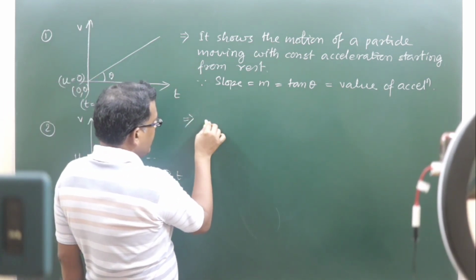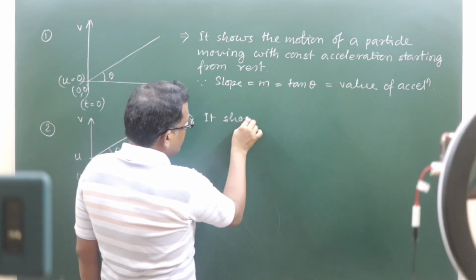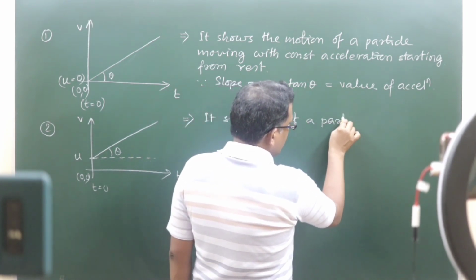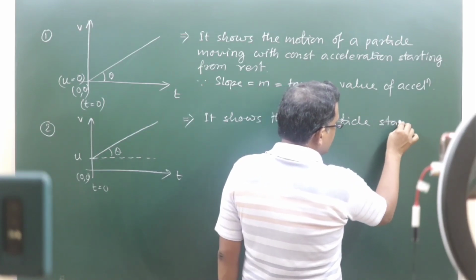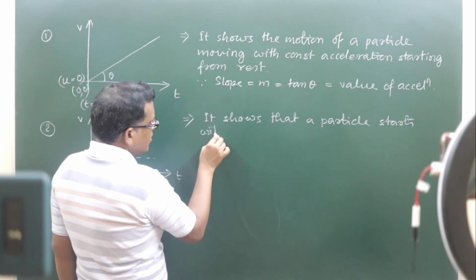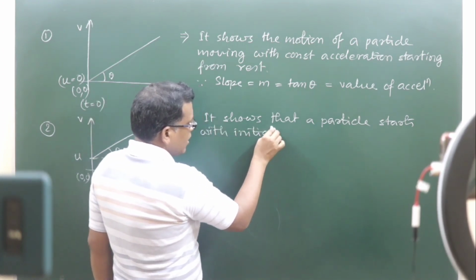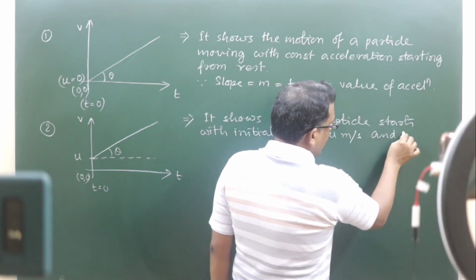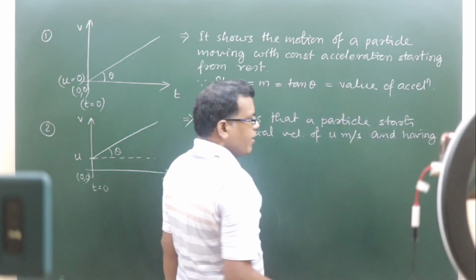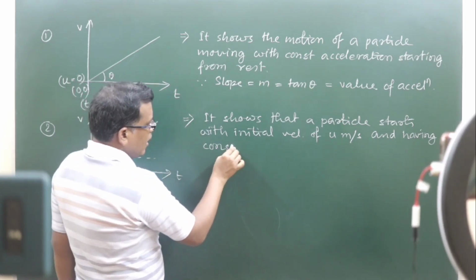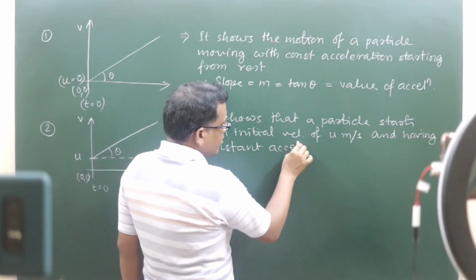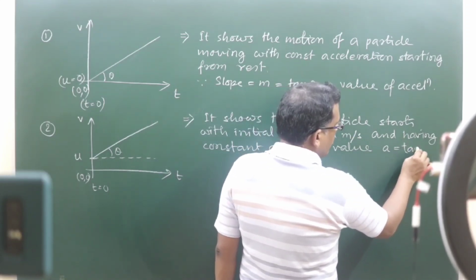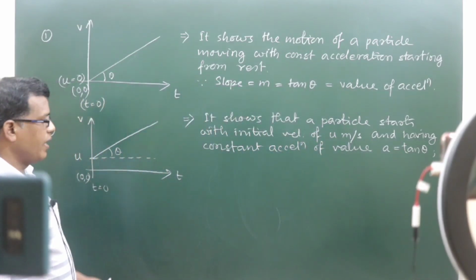So in this case we can say it shows a particle that starts with initial velocity of u meter per second and has constant acceleration of value a equals the numerical value of tan theta, provided theta is given.